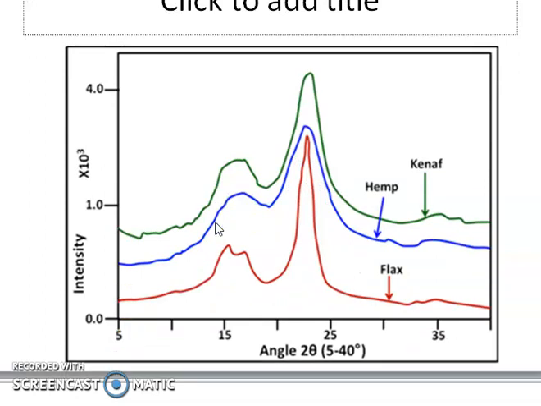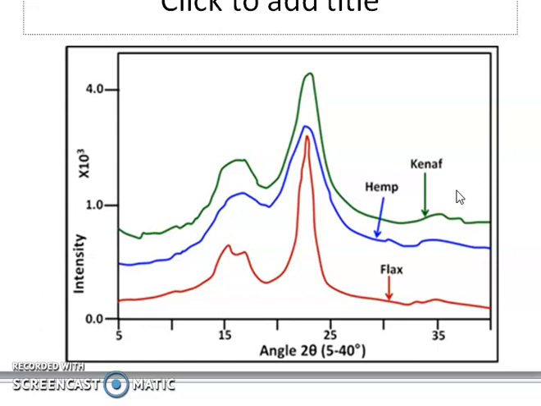If you see the X-ray diffractogram of some known textile fibers, some natural fibers which are very popular, you will find the green one is kenaf fiber, the blue one is hemp fiber, and the red one is flax fiber. Here you can see the flax fiber is showing a very sharp peak in comparison to hemp and kenaf.